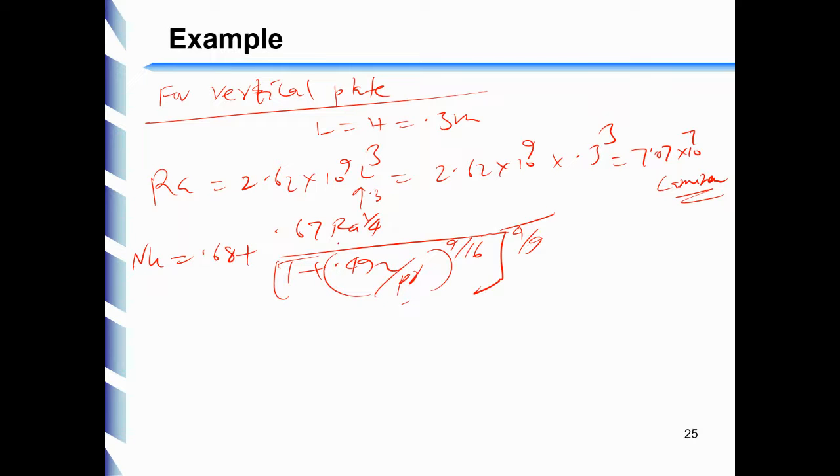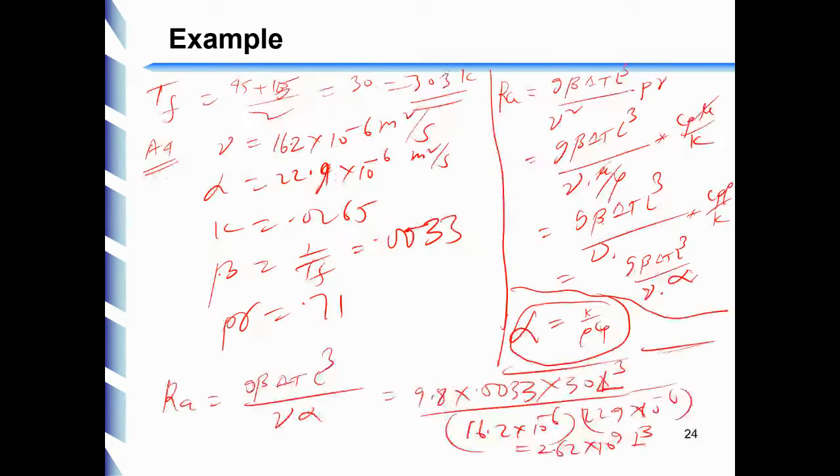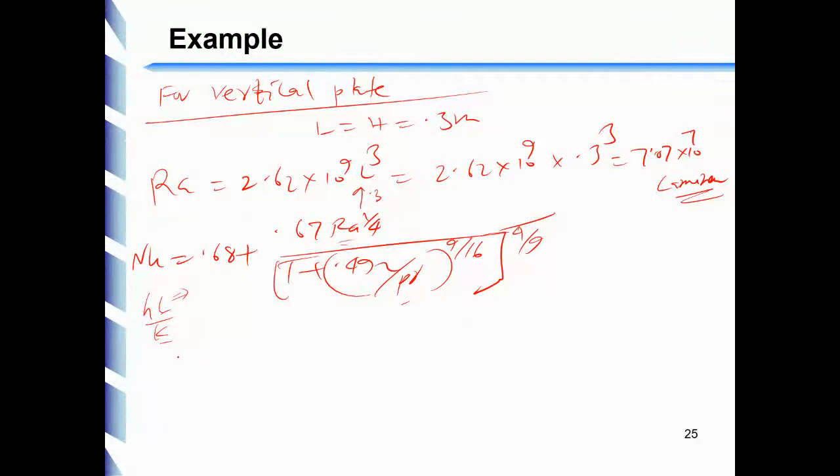So we know Ra, then h is Nu times k by L. We know L means 0.3. We know k also. What is the k? 0.0265. Then you can get the h_s from here.